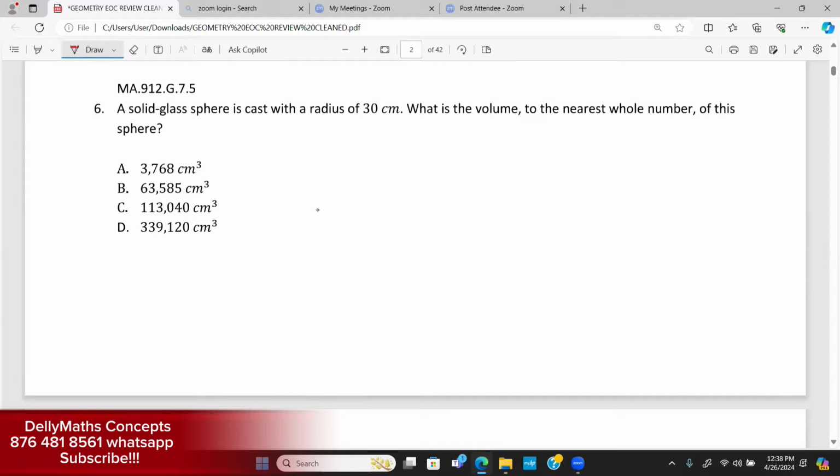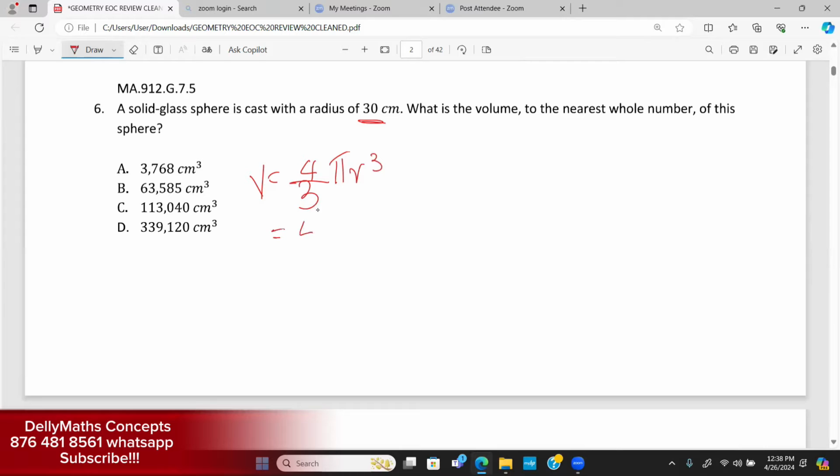Question 6 says here, a solid glass sphere is cast with a radius of 30 centimeters. What is the volume to the nearest whole number of this sphere? Well, let's take a quick look. The volume can be found by using this formula for the sphere, 4/3 pi r cubed.